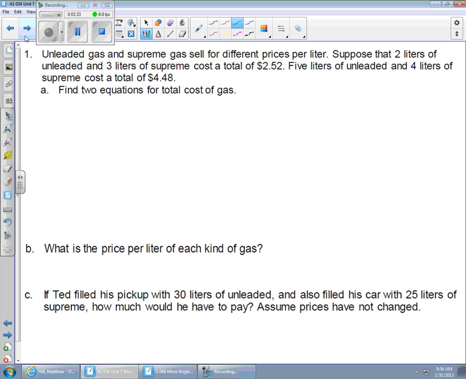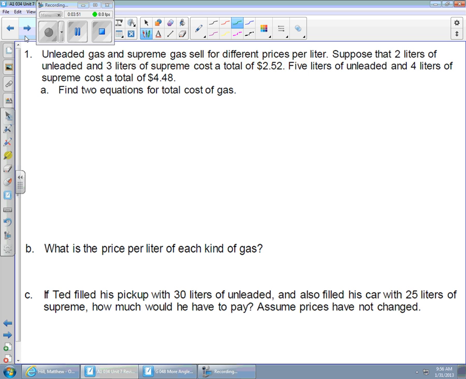Our commands here are to find two equations for total cost of gas. What is the price per liter of each kind of gas? If Ted filled his pickup with 30 liters of unleaded and also filled his car with 25 liters of supreme, how much would he have to pay, assuming prices have not changed?